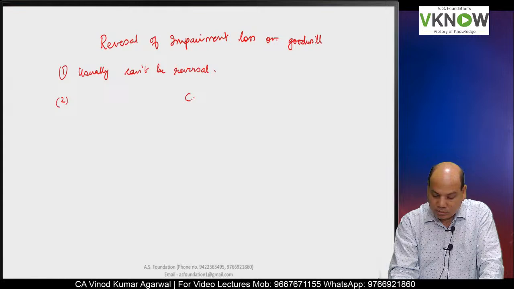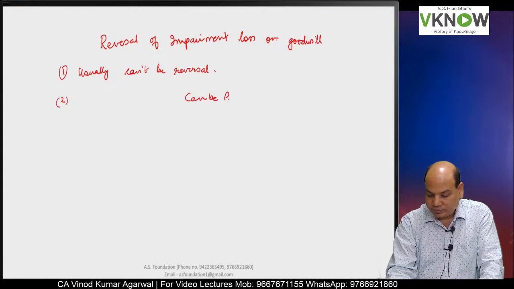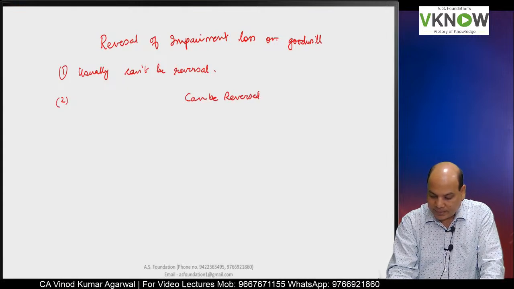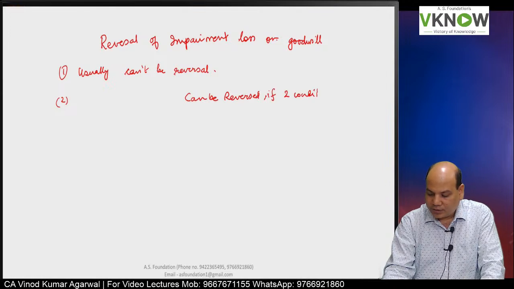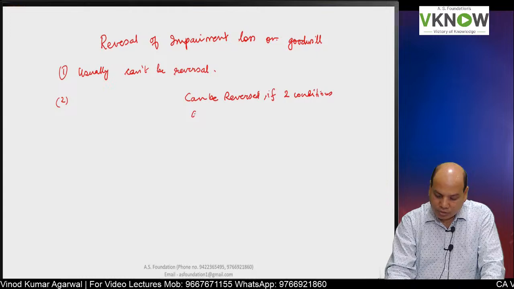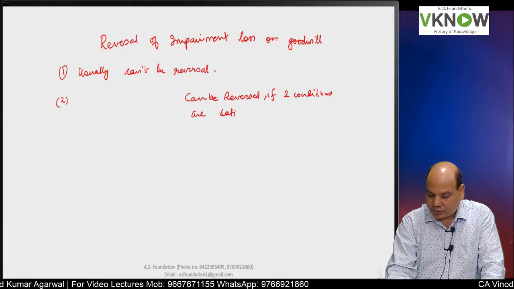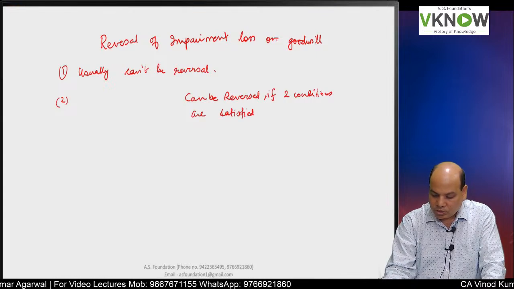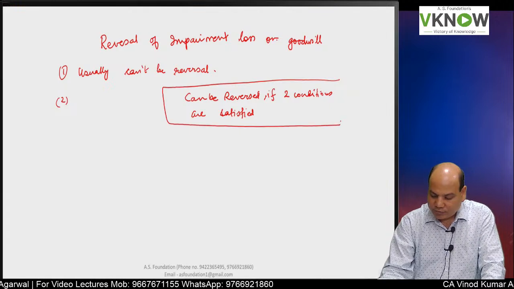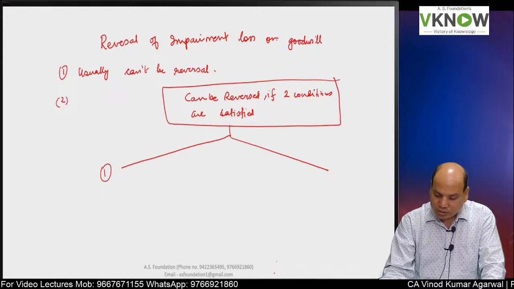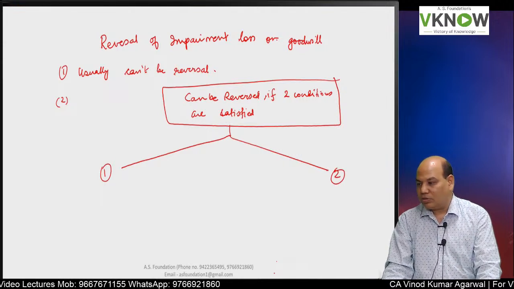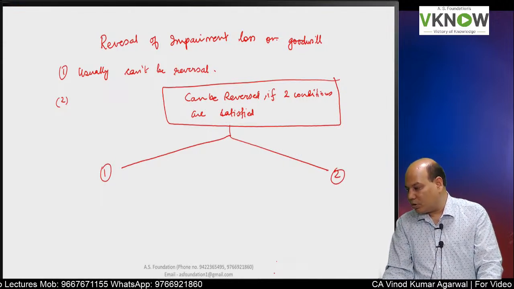Second thing, it can be reversed if two conditions are satisfied. These are two difficult conditions to be satisfied, but if these two conditions are satisfied, then one can think about reversal of impairment loss of goodwill.